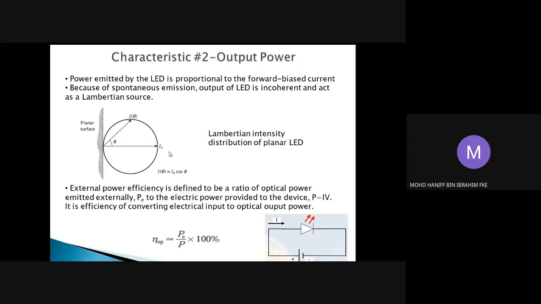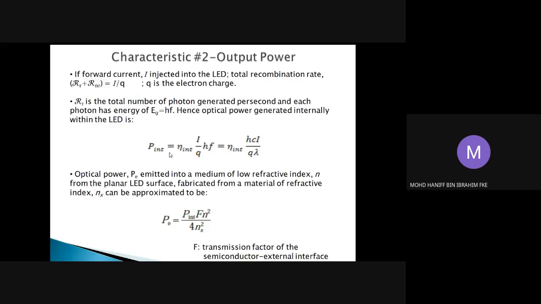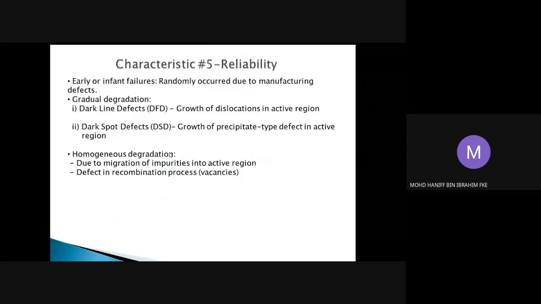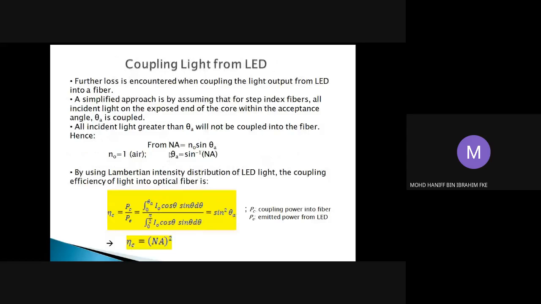This is the profile of light produced by the LED. So we can use that profile to calculate the coupling power, based on this equation. Coupling efficiency is equal to PC, the coupling power into the fiber, divided by PE, the emitted power from the LED. We have seen this PE before.